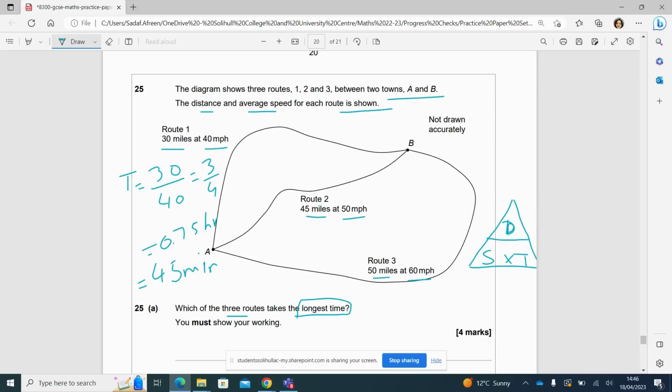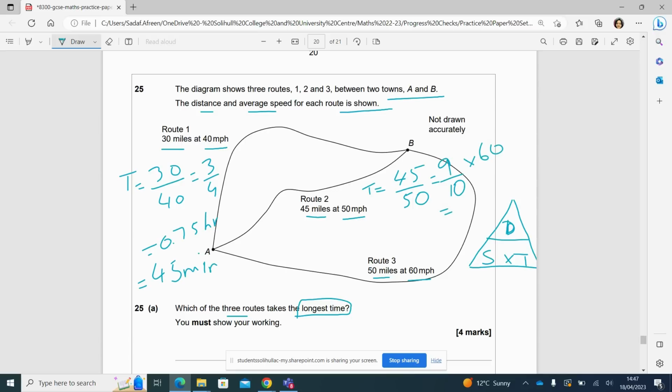Okay, route 2 is 45 miles at 50 miles per hour. So the time it takes to go through that route is, again, the time equals distance, which is 45 miles, and you divide that by 50. When we simplify this fraction, we need to divide both numbers by 5 because that's the highest common factor, and that gives you 9/10 of an hour.